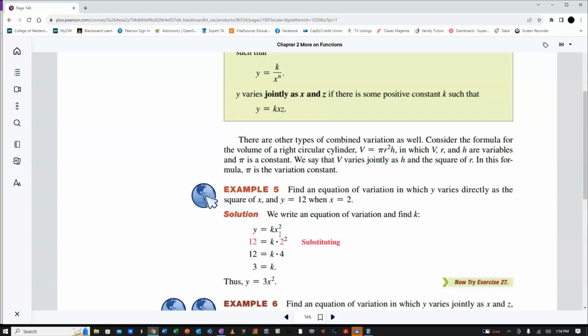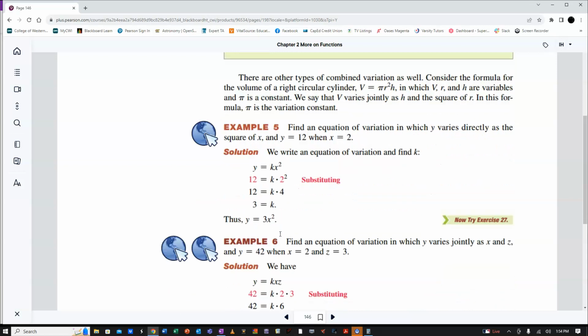Here in example 5, we are asked to find an equation of variation in which y varies directly as the square of x, and y will equal 12 when x is equal to 2. In this particular example, we start out with the direct variation, but as the square of x, so y equals k times x squared.